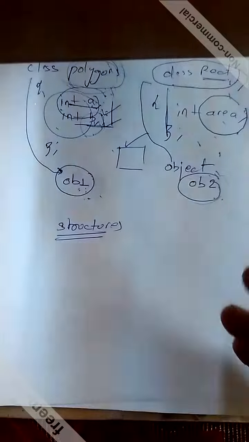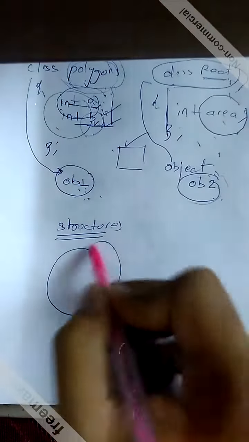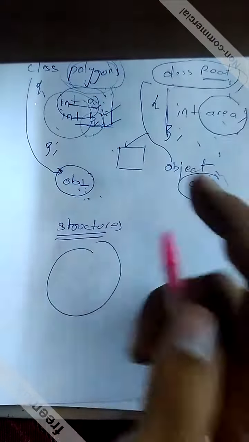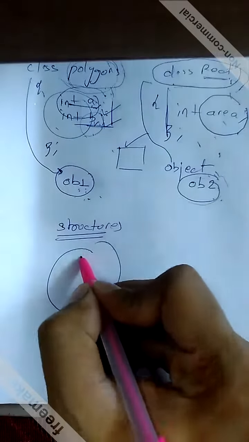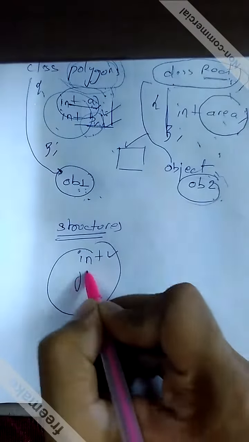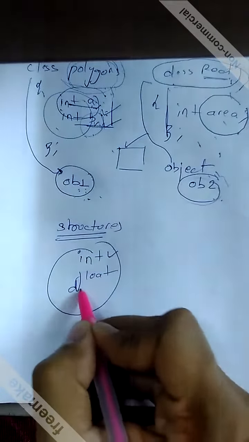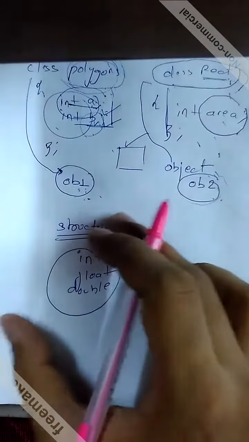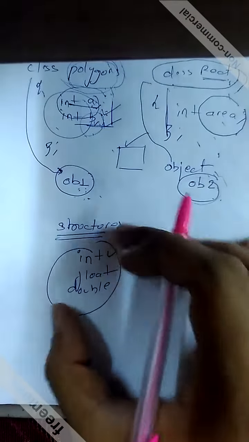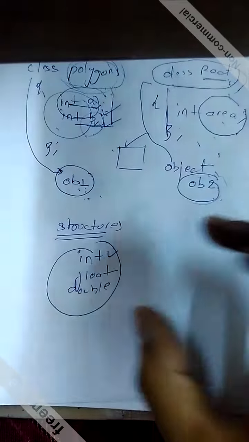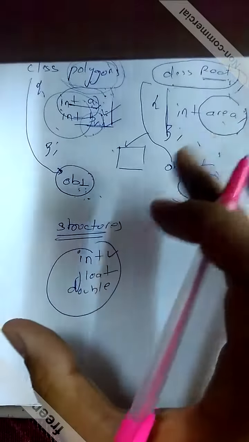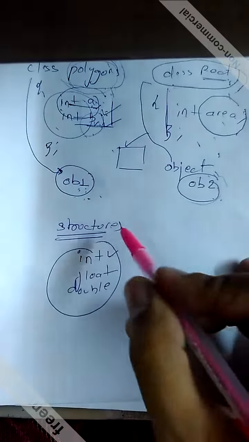Suppose we have a module, meaning a body, and we want this body to have an integer, a float, and a double, and the processing of this whole module should go hand in hand. So we use structures for this kind of thing.